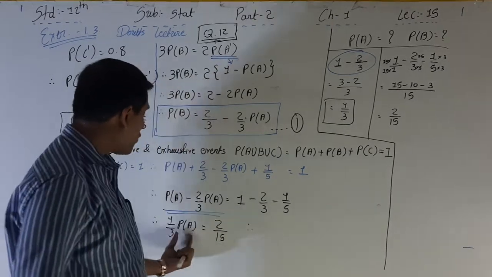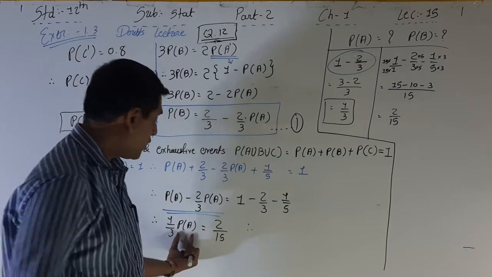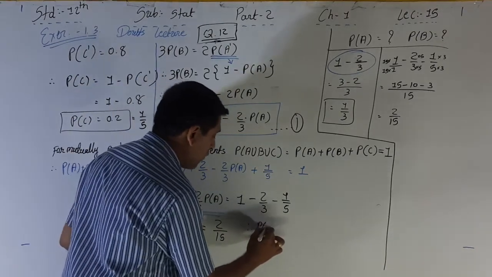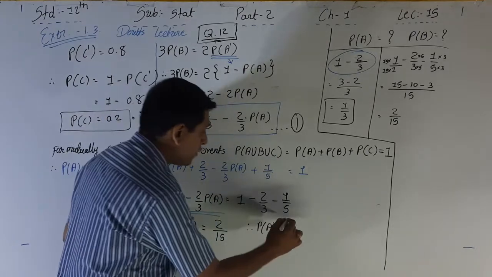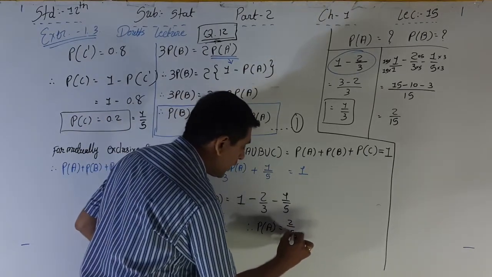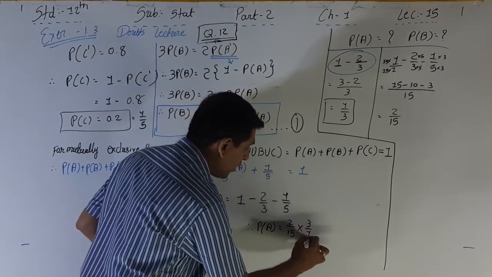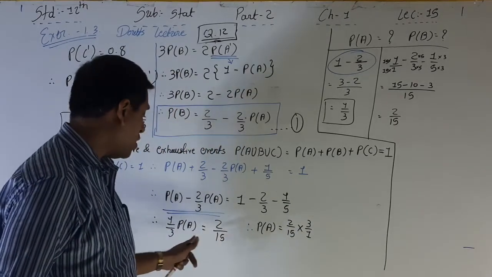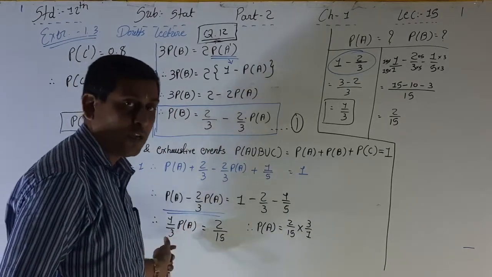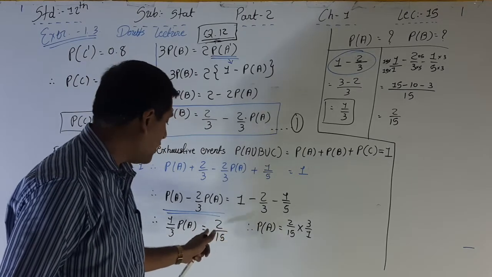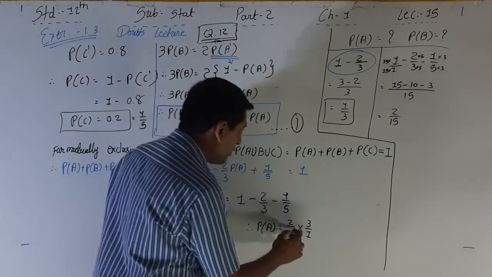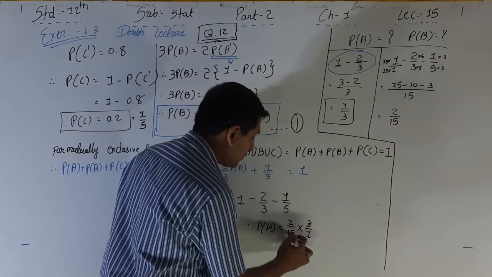Therefore, now we want what? P of A, right? Therefore, we can say P of A is equal to, this one is transferred to the opposite side, 2 by 15 into 3 by 1. It is the reciprocal. We have to multiply by the reciprocal of this if we want to transfer it to the opposite side, is equal to, then what? 3 5s are 15.